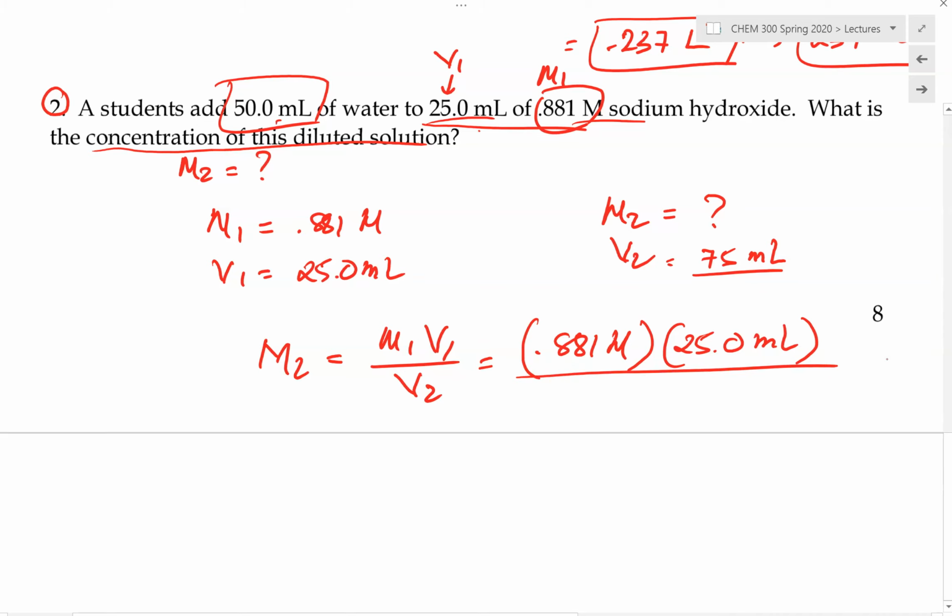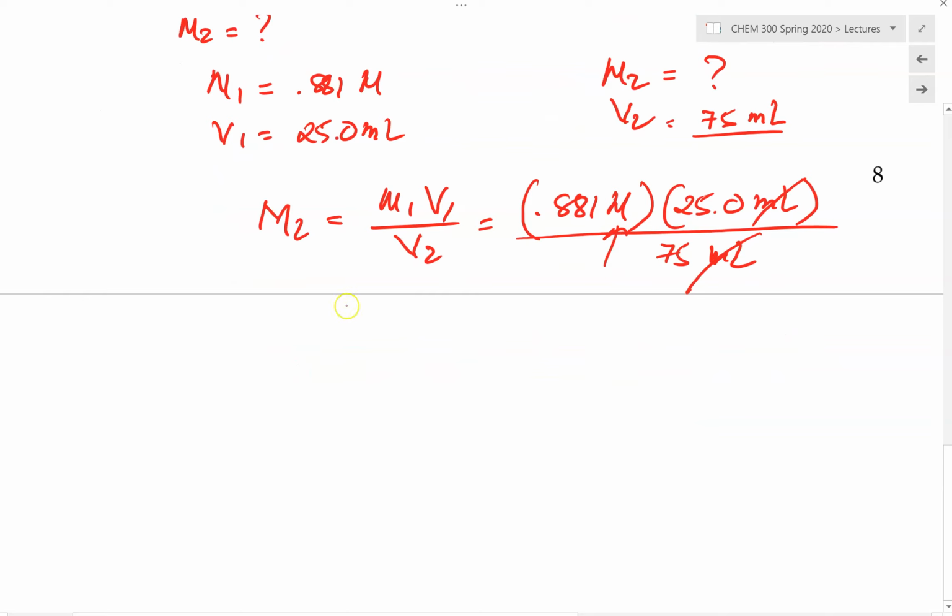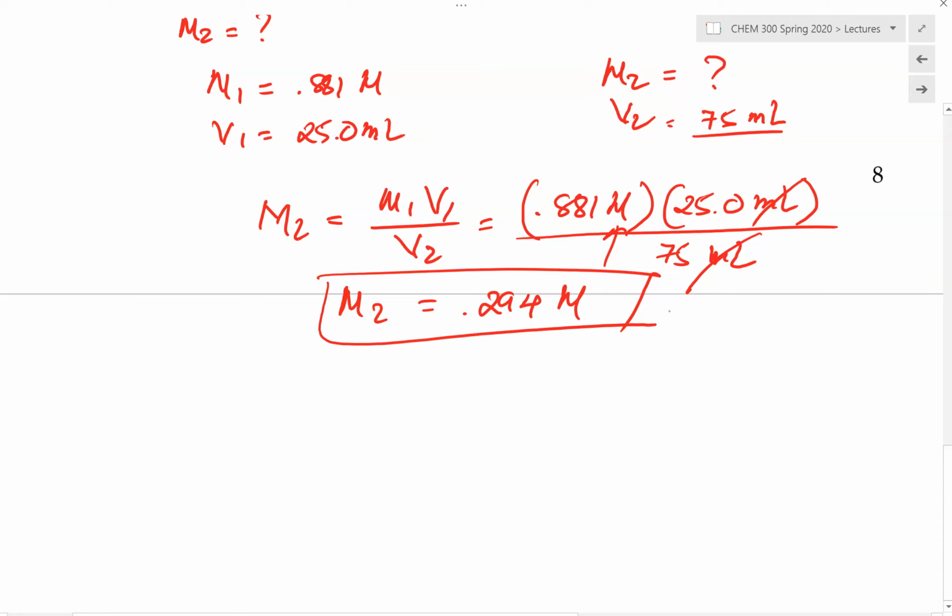Then divide by V2, which is 75 milliliter. Now we see the unit milliliter get cancelled out and we end up with big M, a unit of molarity, and that's what the question is asking for. So M2 equals 0.294 molar. That will be the concentration of the diluted solution.